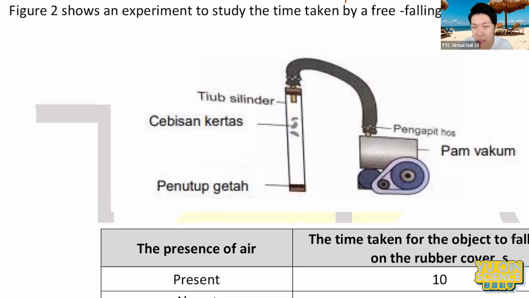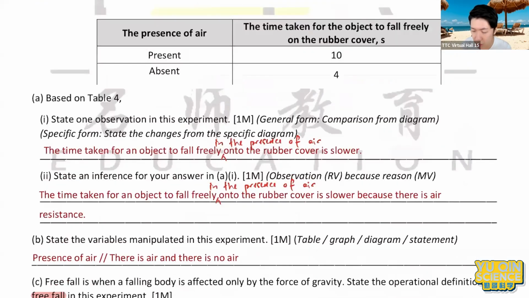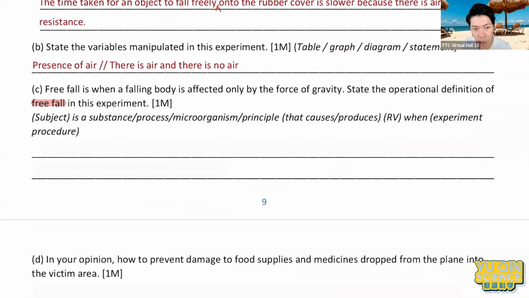That's what you do, right? Instead you say vacuum, don't say vacuum. You must mention your procedure. When you mention your procedure, means you pump out or you pump in the air. That's called procedure. Stating vacuum, you are just stating the condition. You're not stating what you are doing, like experiment procedure.